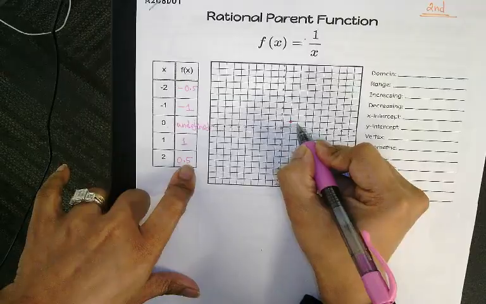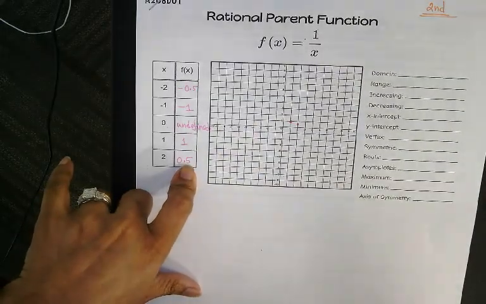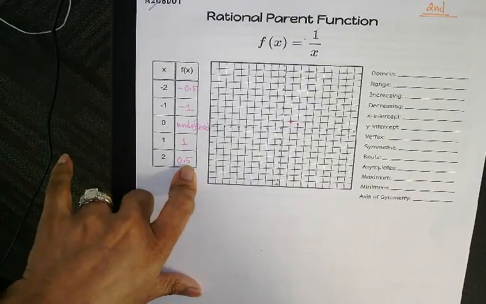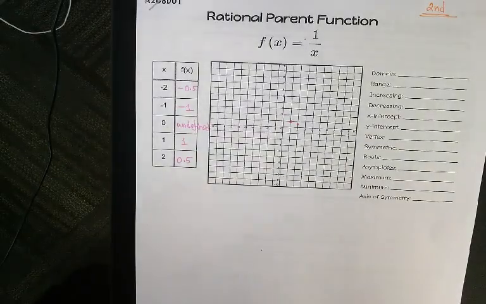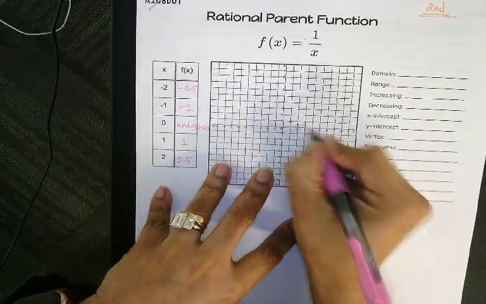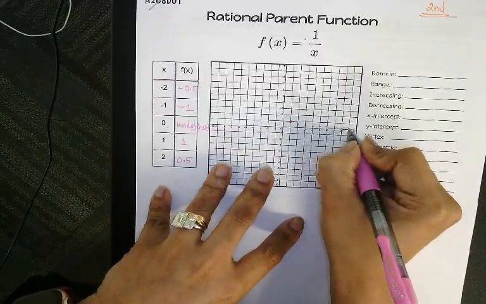If I plug in 3, can you check what you get? What's the value for 1 over 3? 0.33. So it's becoming smaller. Can you connect it? It's going to be 0.33. It's even smaller.